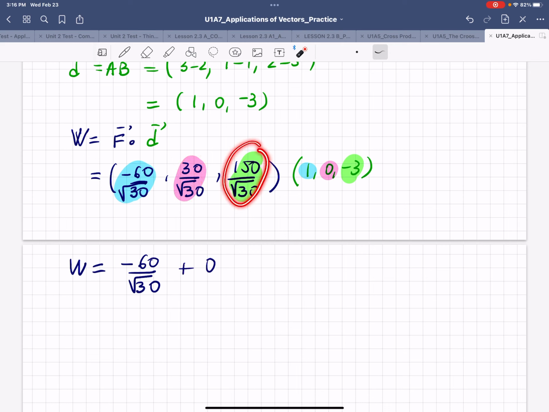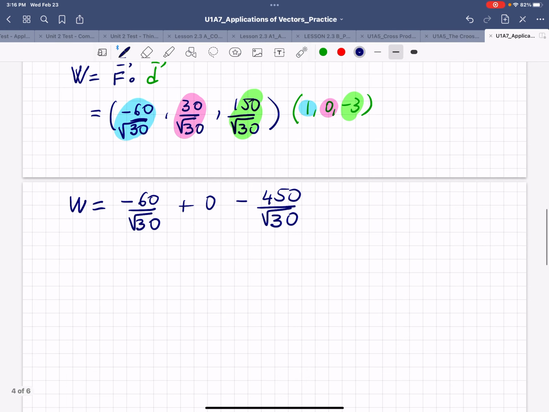And last, 150 over root 30 times negative 3 is negative 450 over square root of 30. So the work equals negative 450 minus 60, that's negative 510 over square root of 30 newton meters or joules. And this is the final answer.